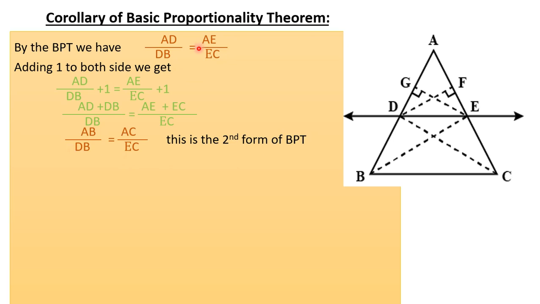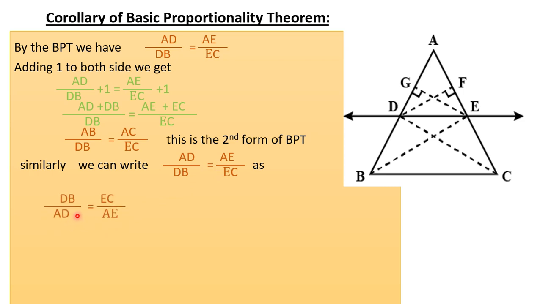Now the other form also we can get. How? The first form was AD upon DB is AE upon EC. We can write the reciprocal of this. So it will become DB upon AD is equal to EC upon AE, and again we will add 1 to both the sides.